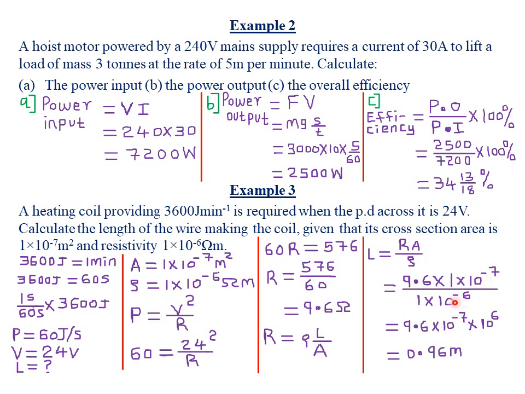Then of course, from the laws of indices, if this term moves to the numerator, the power will become positive, so times 10 power 6. Of course, 1 and 1 will cancel out. So we shall remain with 10 power negative 7 times 10 power positive 6. We'll get a total of 10 power negative 1, which will simply move our decimal one place towards the left-hand side. So the length of that particular wire will be 0.96 meters.